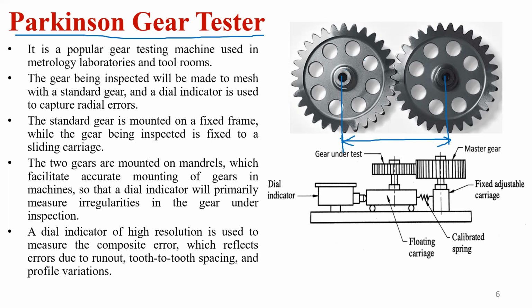Let us consider two gears in mesh, and these gears can be used in any application. Under static condition, let the center distance be d, but when they are in operation, the center distance slightly changes.